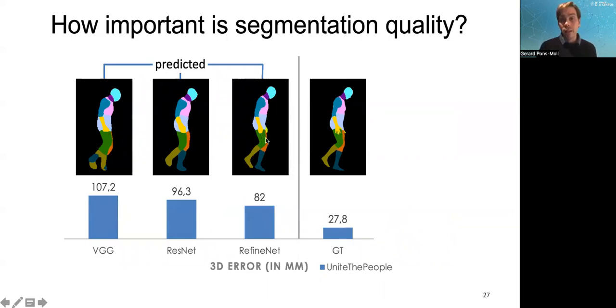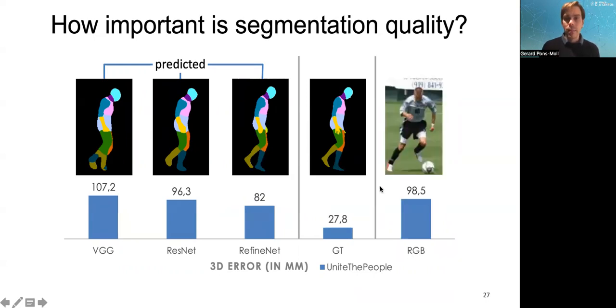It's perhaps concerning that the difference in error between a prediction and ground truth segmentation is quite significant. We're going from 82 to 27.8. I mean, 27.8 is a really, really low error for 3D pose and shape estimation.